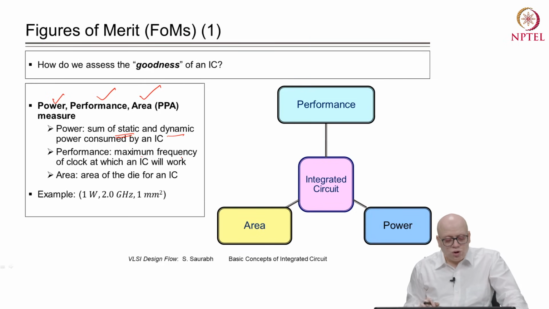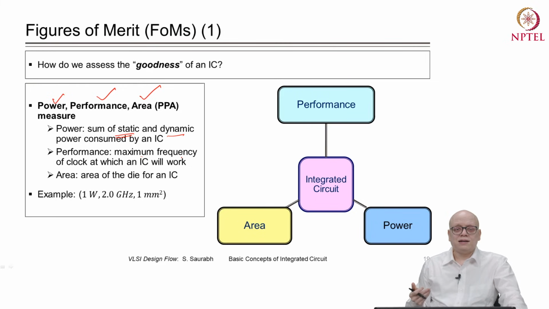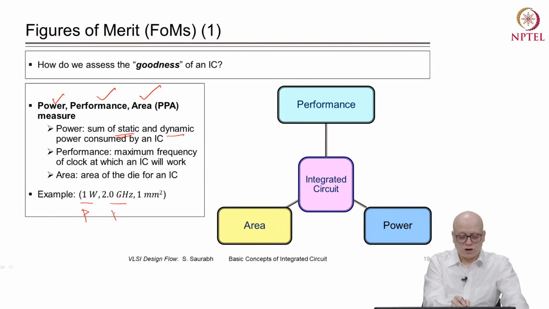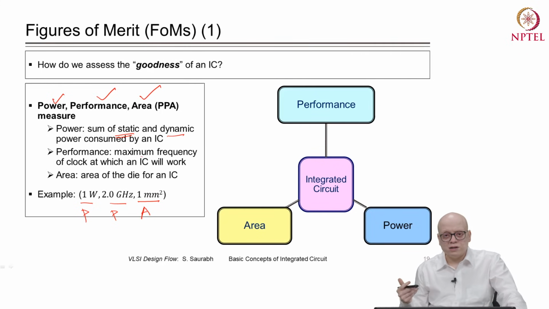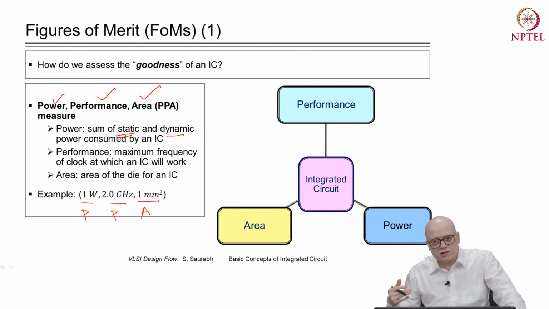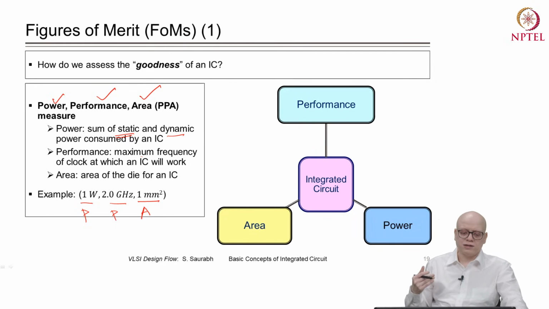Typically for a chip, we'll say that for this particular integrated circuit, these are the PPA numbers. For example, we can quote 1 watt, 2 gigahertz, and 1 square millimeter. This is the power number, this is the performance number, and this is the area number. So typically when we design an integrated circuit, we quote the PPA for that integrated circuit.